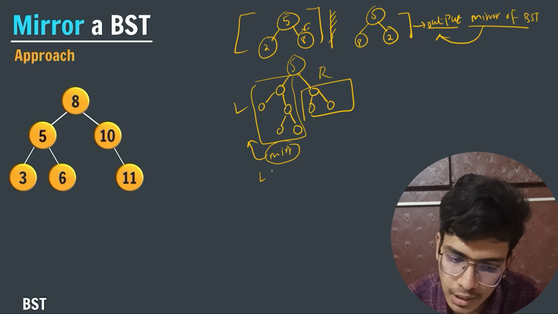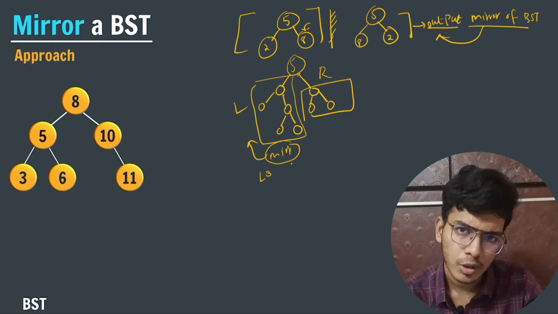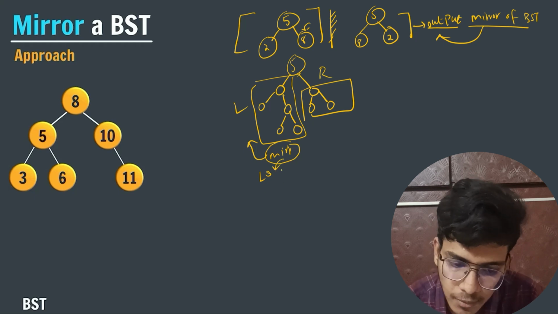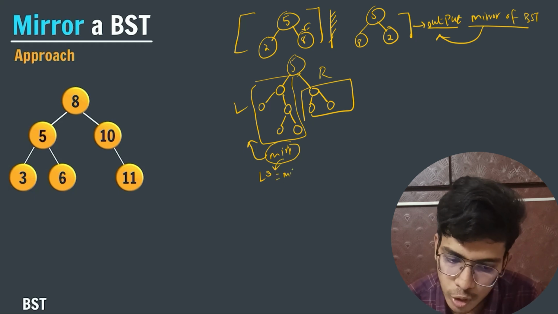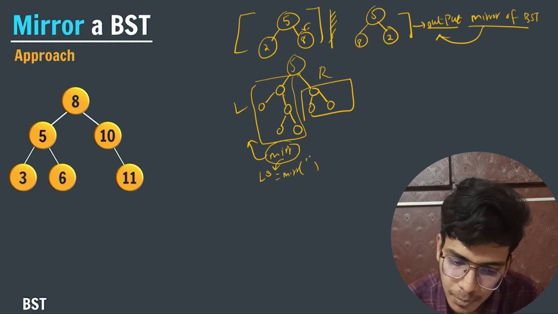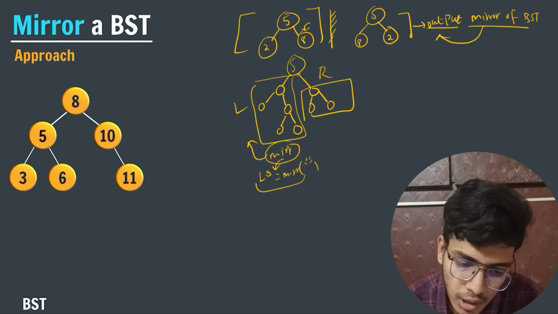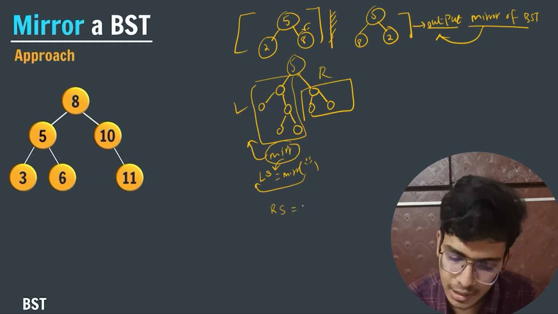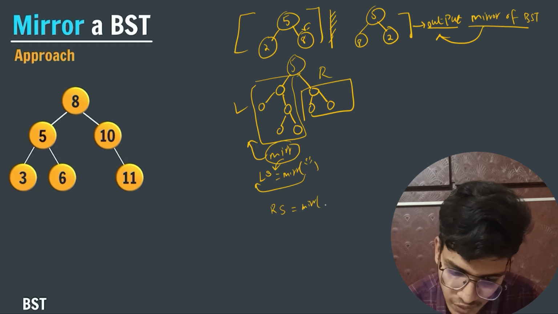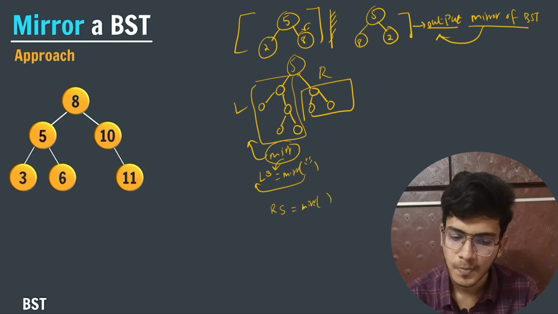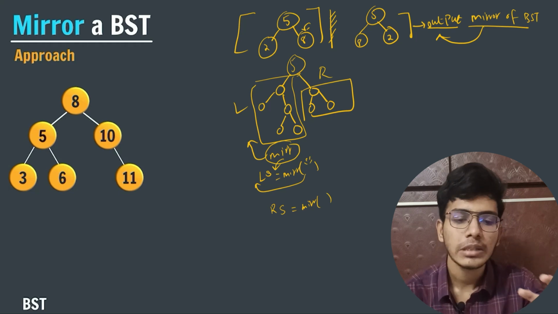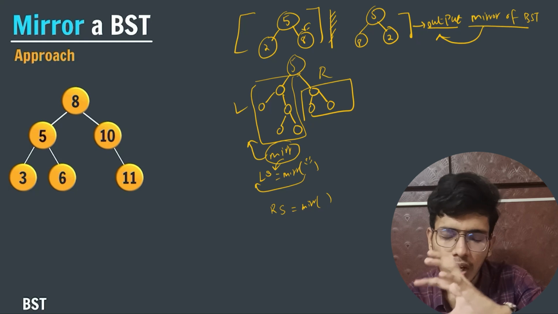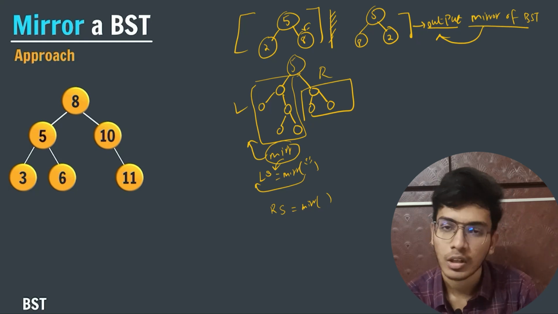Let's say I am creating a new variable, left side, so this mirror will return this whole part to my left side. I will call the mirror function and pass some parameter here, and this will return the left part. After that I will store the right part in the same manner. I will call the mirror function and pass some parameters. Now I need to keep faith in my recursive function, that whatever function I am creating will give the correct answer.